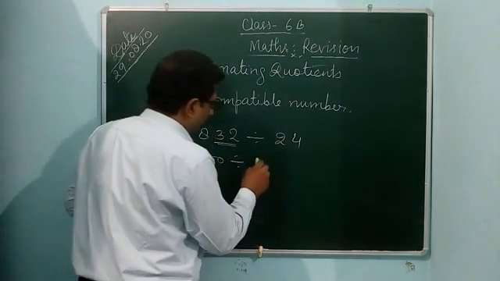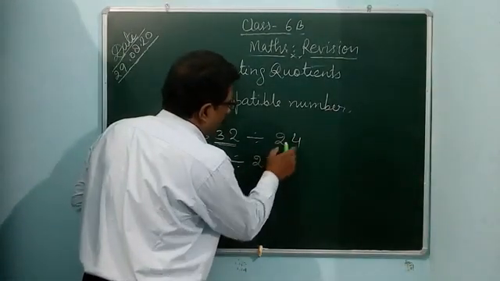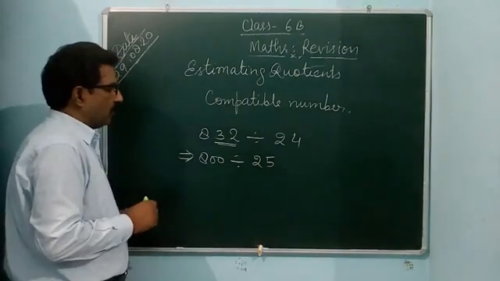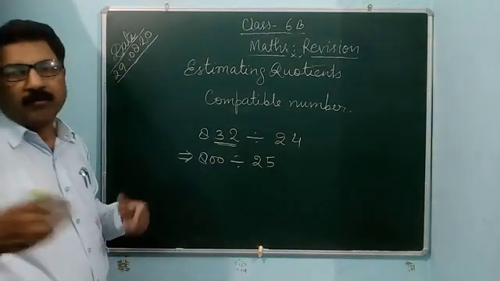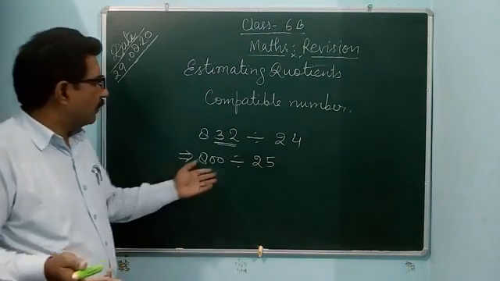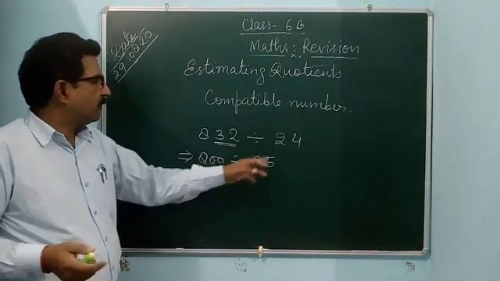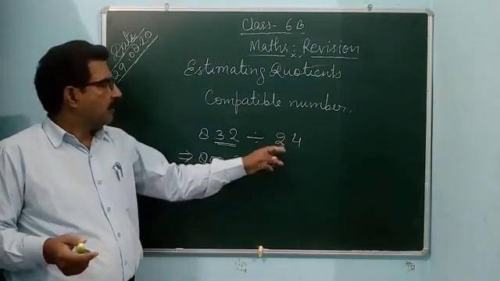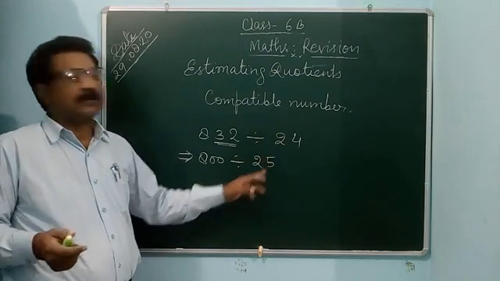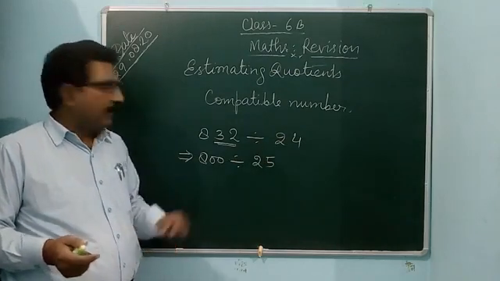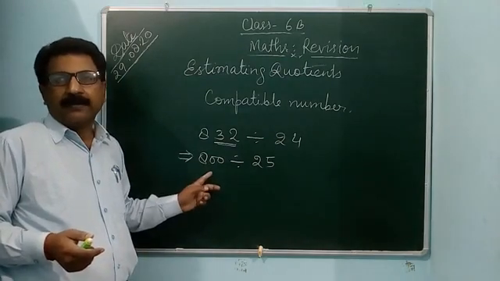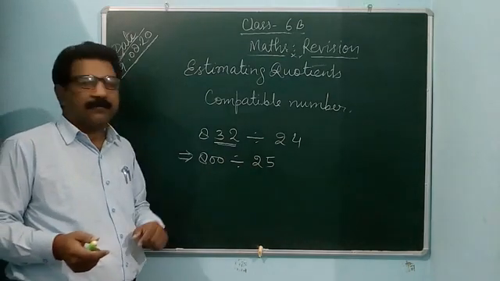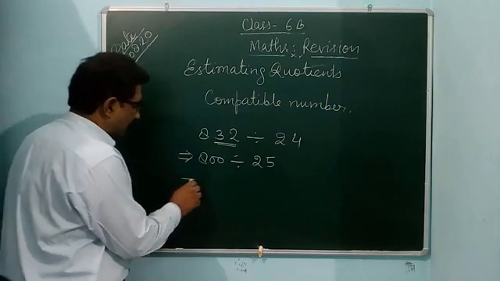So you can take the compatible number 25. 800 divided by 25 is divisible and the remainder will be 0. So 25 is the compatible divisor instead of 24, and 800 is the compatible dividend, divisible by 25.